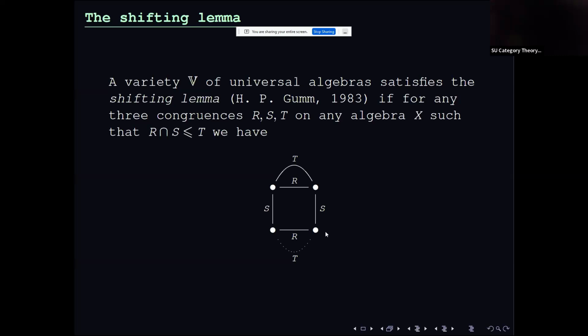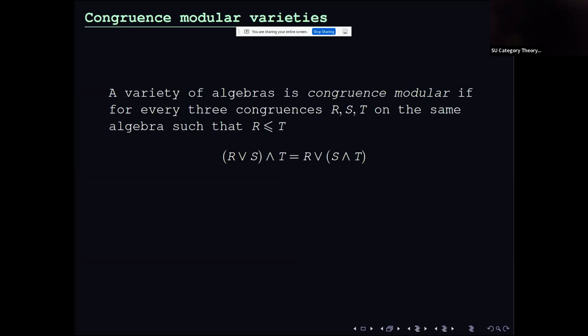So given any relations involving the solid lines, you can induce the relation by the dotted line. Varieties which satisfy this condition are precisely the congruence modular varieties.